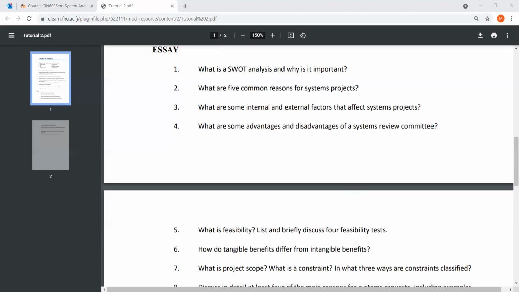That comes to our very last advantage, which is one person's view cannot affect the committee decision.